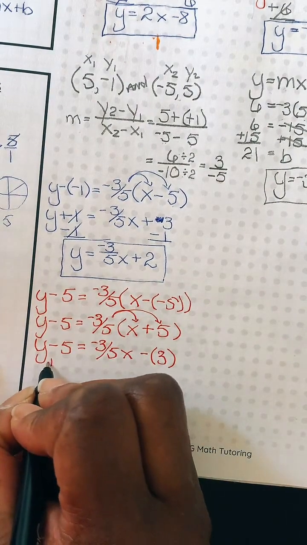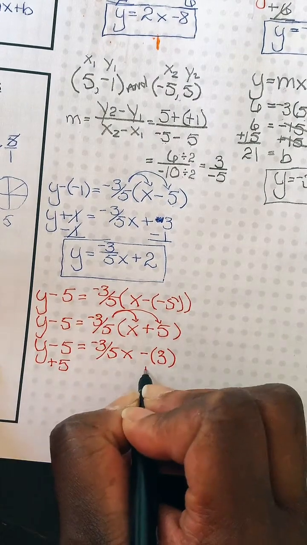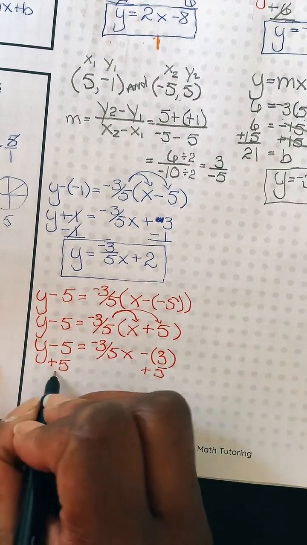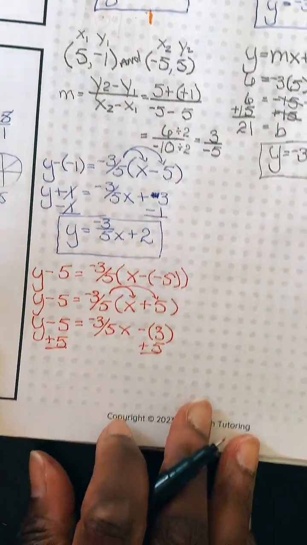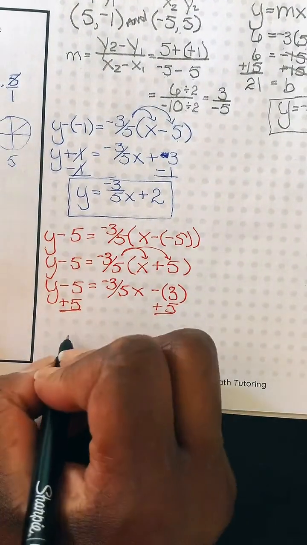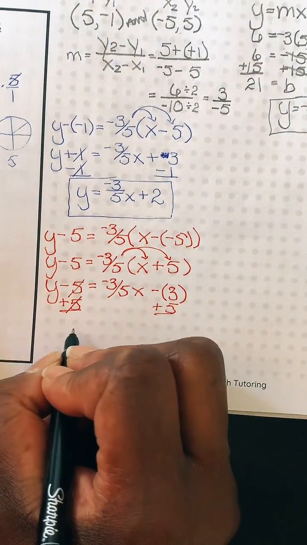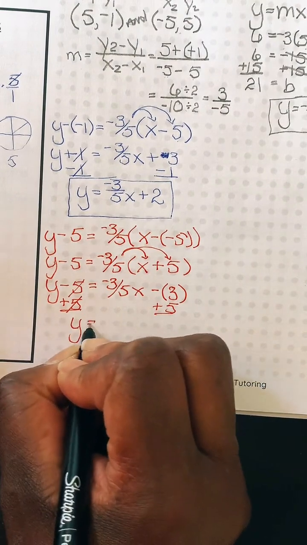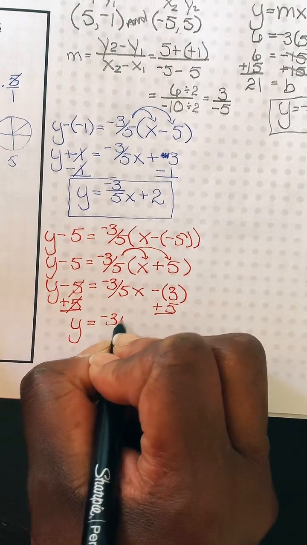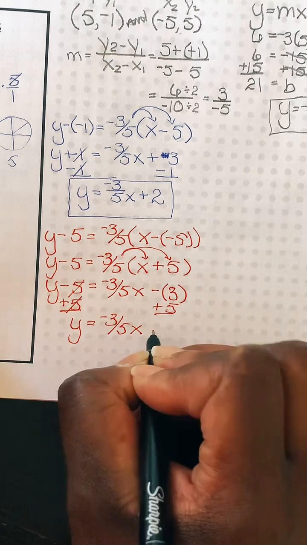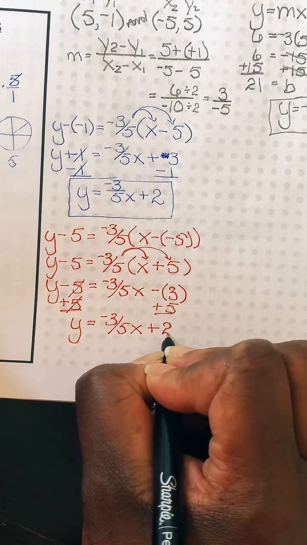Now I want to add 5 on both sides. Let me raise this up a little bit. So then these will cancel out, and it'll give me y equals negative 3/5 x plus 2.